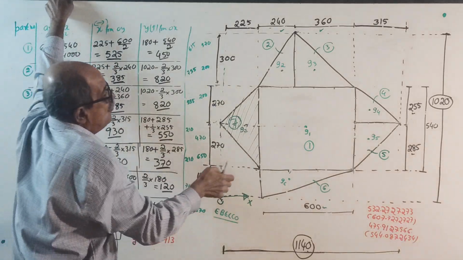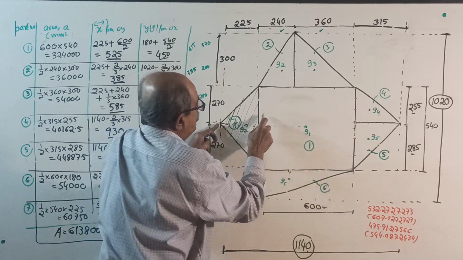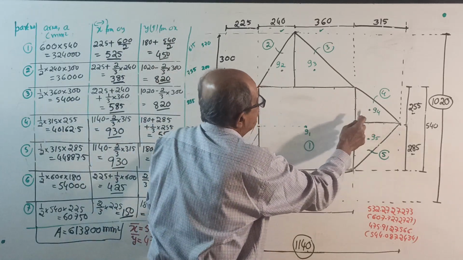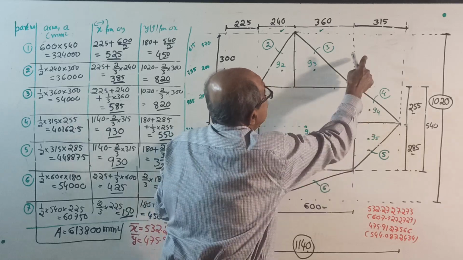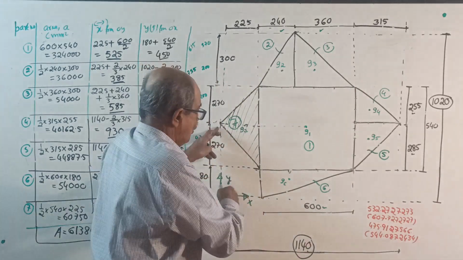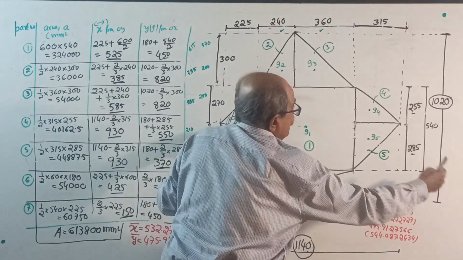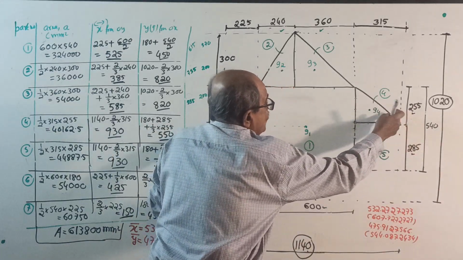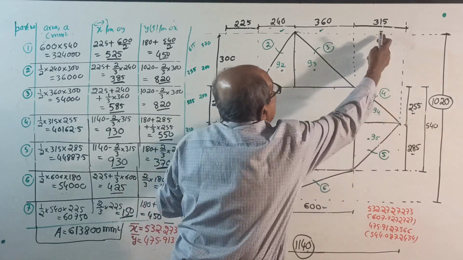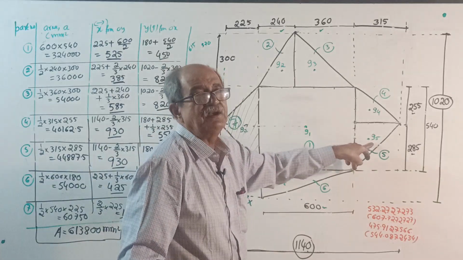Here. 4th one. 225 plus 600 plus 1/3 of 315. Or I wrote other way, or 1140 minus 2/3 of 315. Both will give same answer. 5th also same, why waste time?